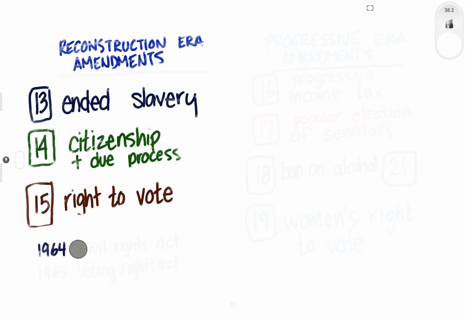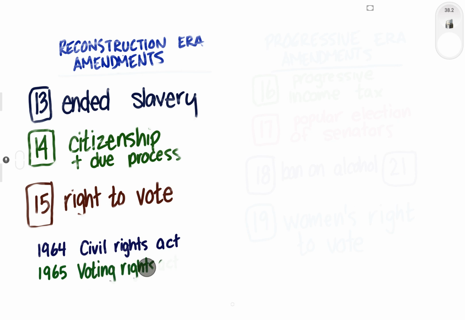So 1964, these amendments are like late 1860s, but 1964, so 100 years later, they passed the Civil Rights Act, which helped to bring more rights, to enforce the rights that were already given. 1965 was the Voting Rights Act, and so that eliminated poll taxes and literacy tests to vote. Okay, so those are the three Reconstruction era amendments right after the Civil War.